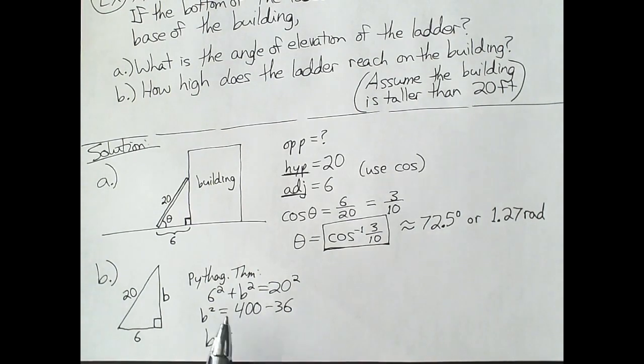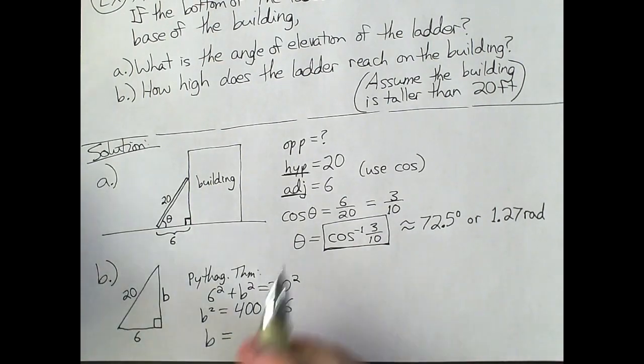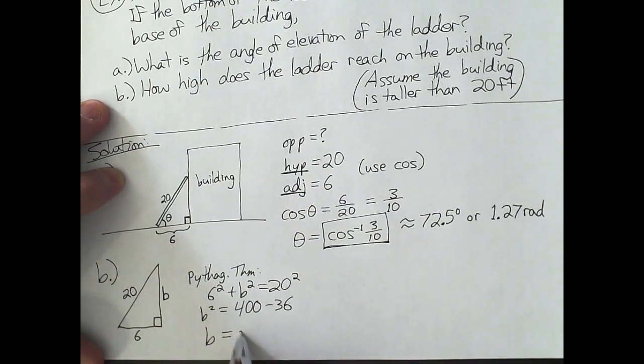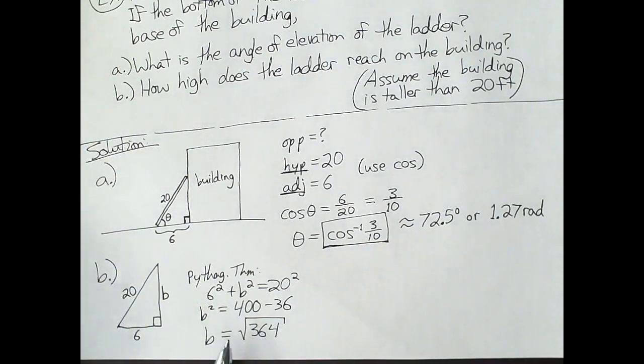So you think I need to write plus or minus the square root of 364. Except that's not what I'm going to write. I'm just going to write the square root of 364. I'm not writing the plus or minus sign.